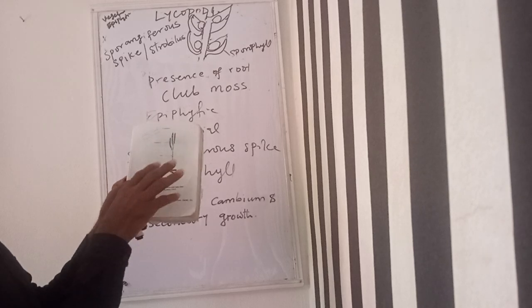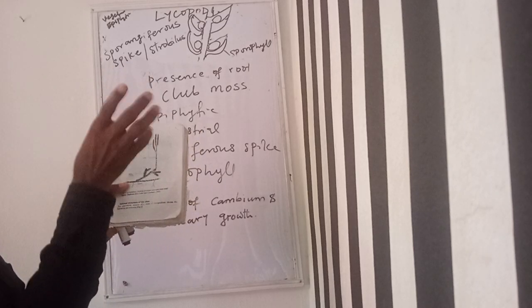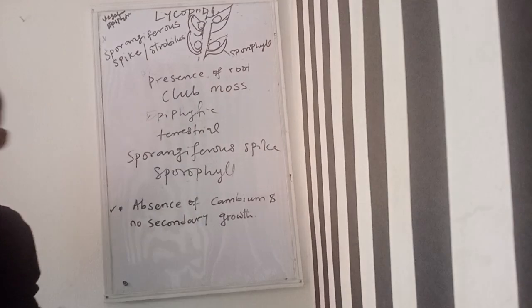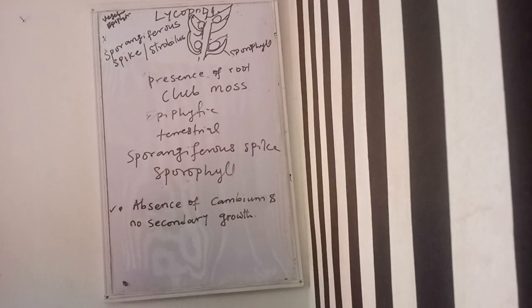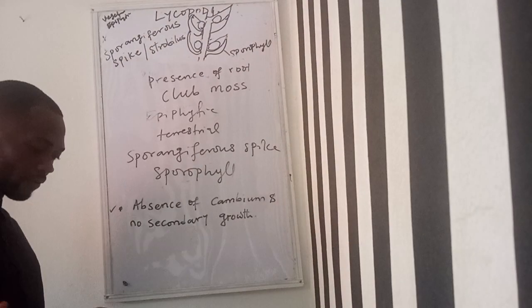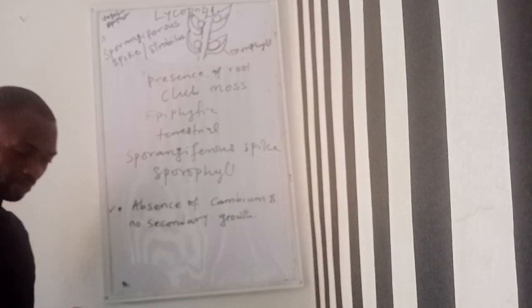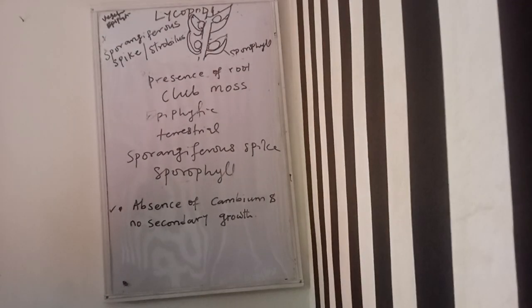They are usually arranged very well and are also pointed. So that's what it means to say that their branches are covered by numerous small spirally arranged leaves that are pointed. I've mentioned that some species are epiphytic, just like Psilotum, while some are terrestrial.